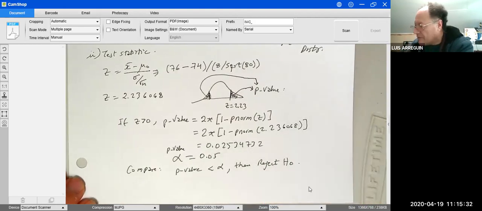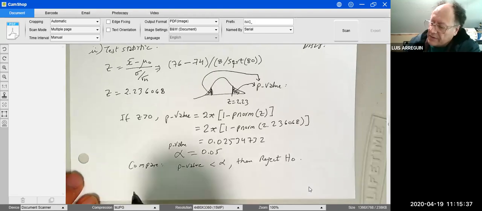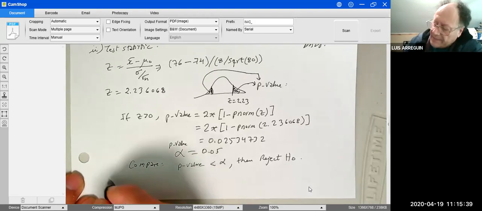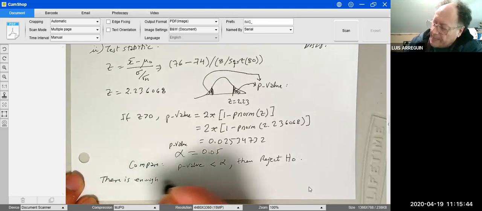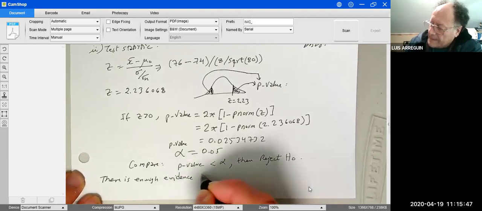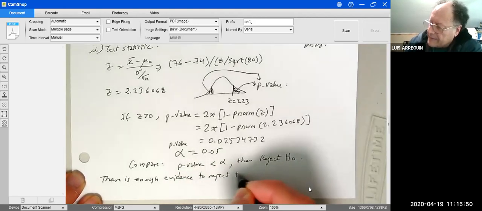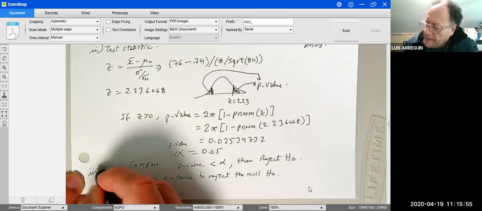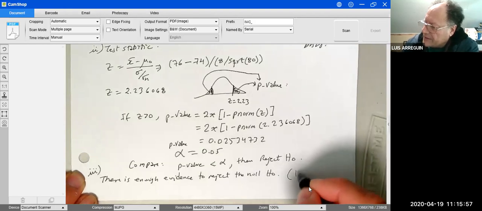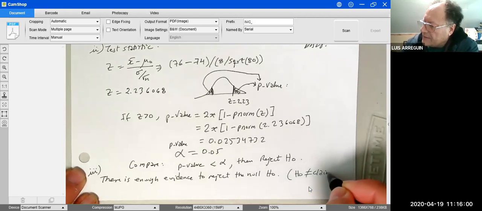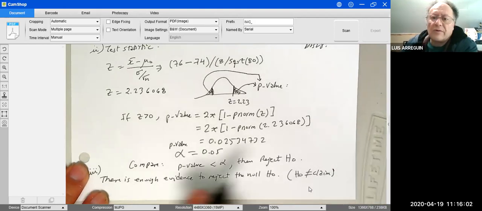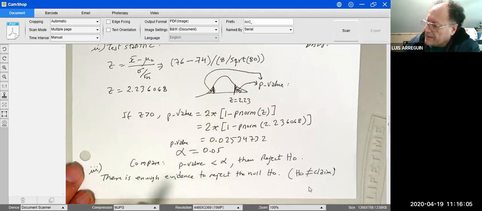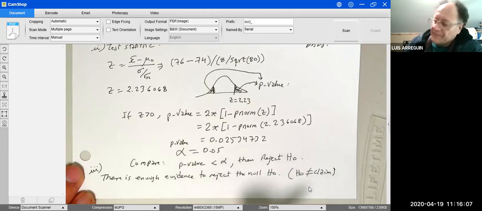So now we're going to write the conclusion. The conclusion is that there is enough evidence to reject the null, and we see that the null and the claim are different again. There are going to be times that your null and your claim might be the same, but most of the time they're different.